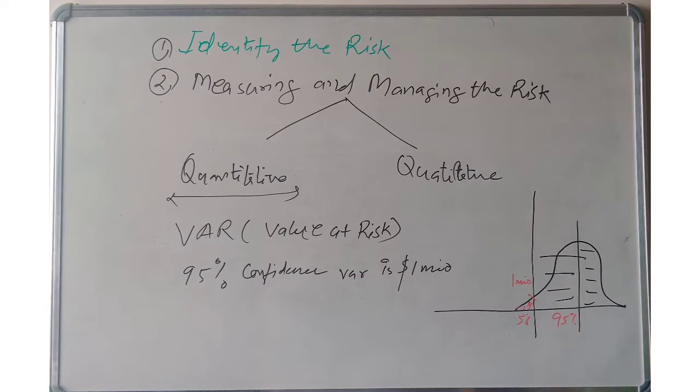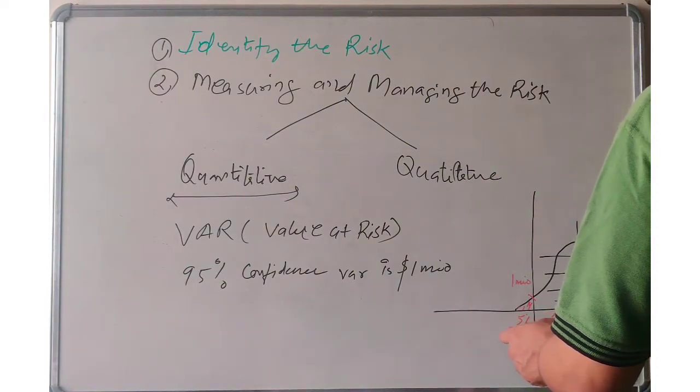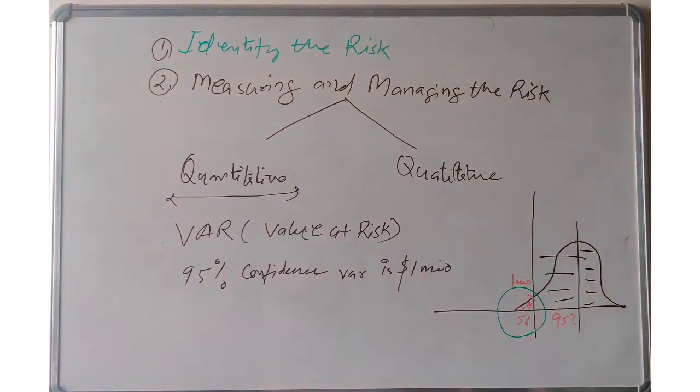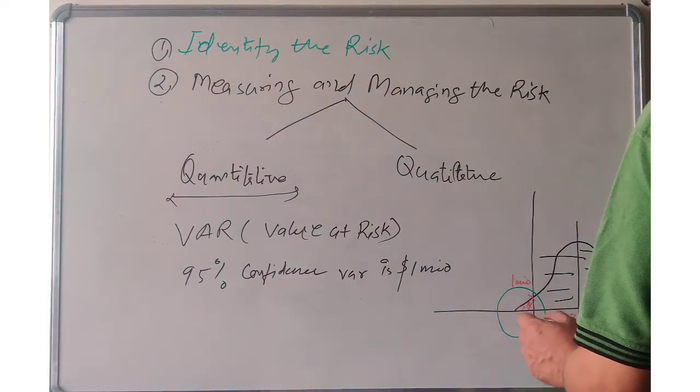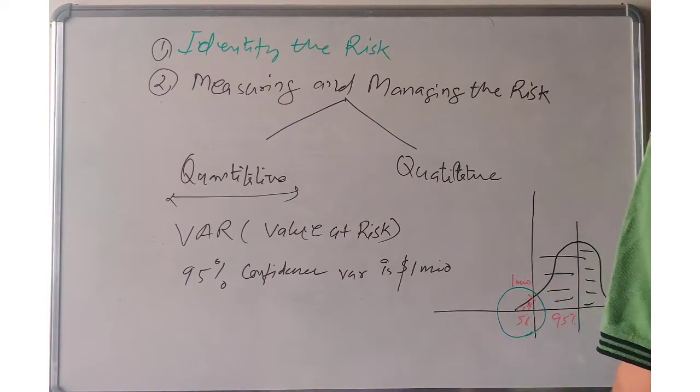So we can say with 95% confidence that in a year the maximum tail risk the company can have is $1 million. VAR is nothing else but measuring this area where the tail risk of the company lies, what kind of tail risk the company is expecting in its returns.